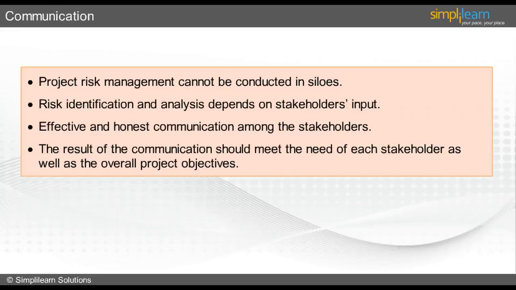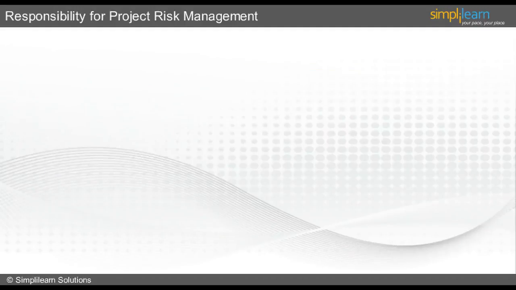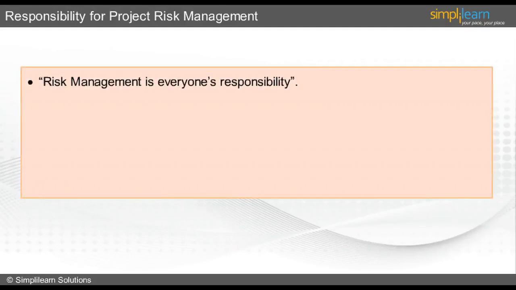Management of project risk is not limited to a few risk specialists. Since project risks can affect project objectives, anyone with an interest in achieving those objectives should play a role in project risk management. Let us now discuss some of the responsibilities for project risk management. Risk management is everyone's responsibility.